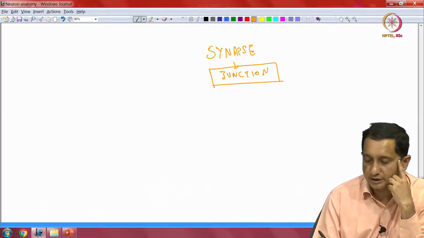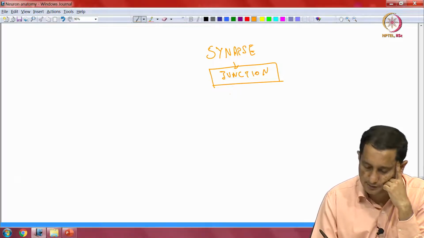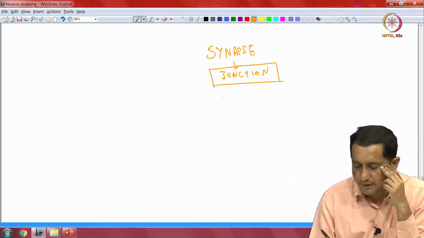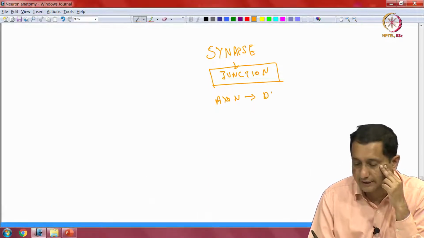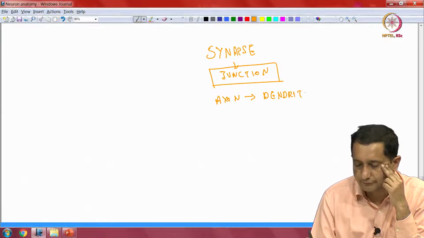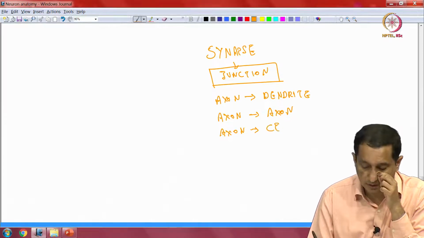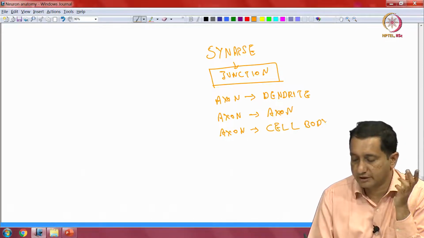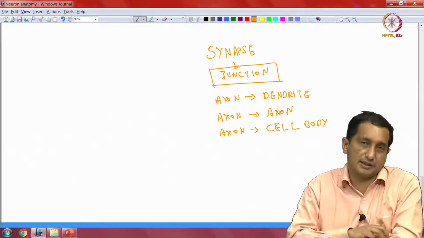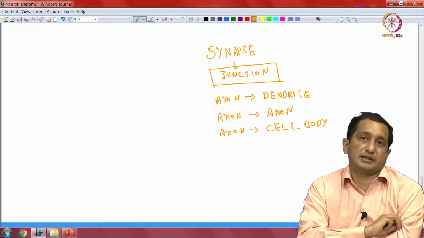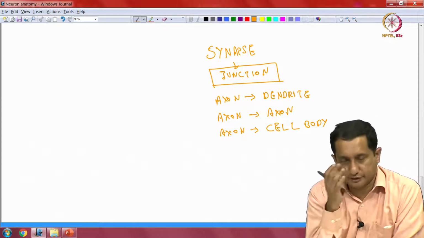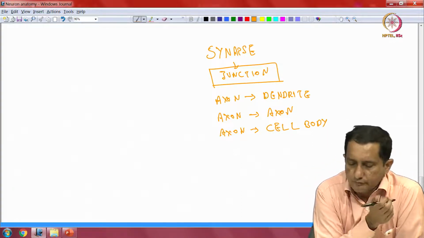So, two computing entities in terms of biology should be between axon to dendrite, then it can be axon sometimes to another axon, or axon to cell body. Each thing has its relevance. It is not the same as connections in a multi-layered neural network. It is completely different. So, that is the first principle.